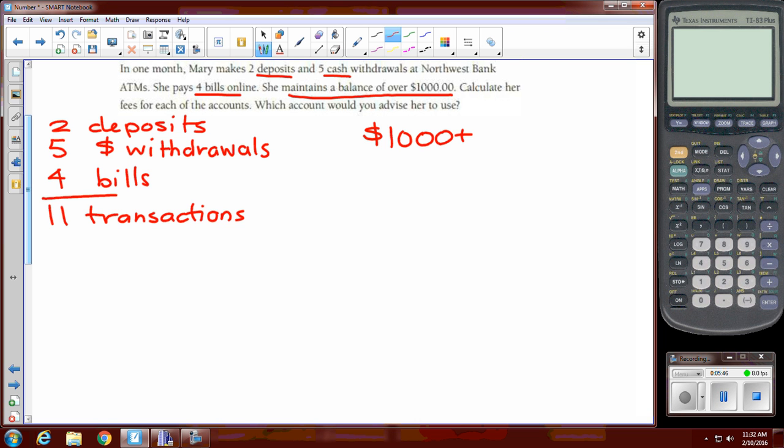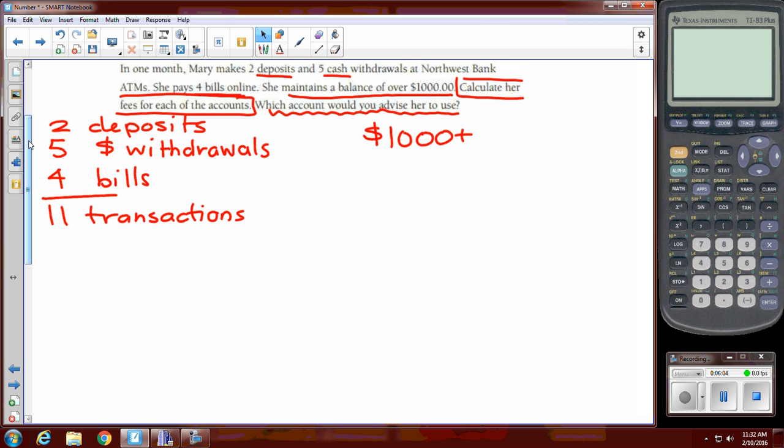Okay, the last thing is saying, tell me how much she actually pays for each one of those accounts if she was trying to determine which one to use. And at the end, we actually have to tell her which account would you advise her, which one's the best bet for her to save money. So we're going to talk about these 4 bank accounts. So we'll start a table.